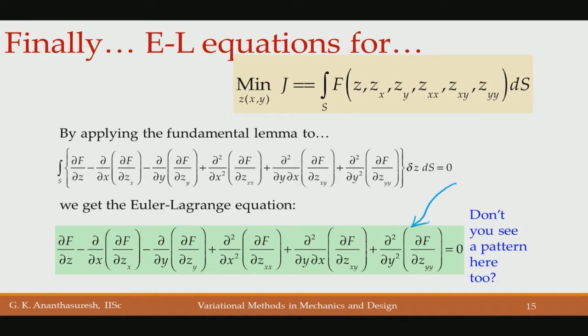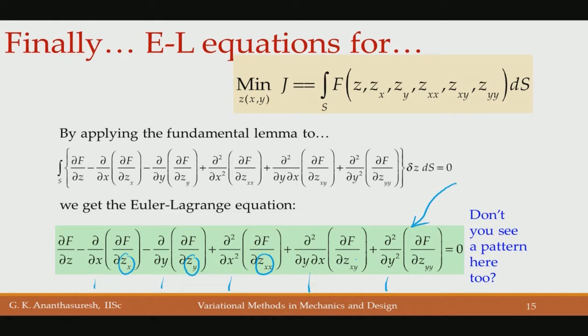Okay. And you can see a pattern here, just like we tried to see a pattern in the one variable case. Here also dou by dou x, dou by dou y, dou square by dou x square, dou square by dou x dou y, dou square by dou y square, and the same thing is done on z. This is dou z by dou x, dou z by dou y, dou square z by dou x square, and so forth.